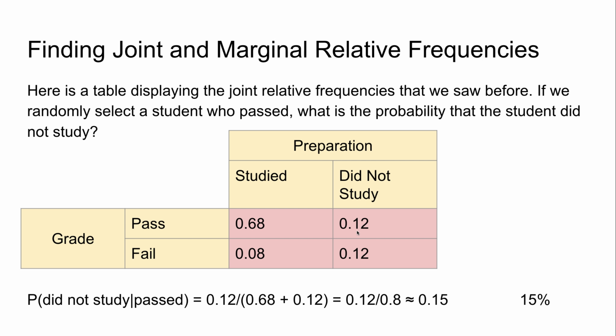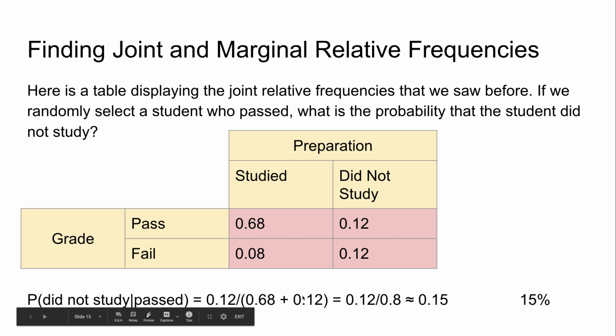So all of these two put together is the total frequency that passed, and then those that did not study and passed go on the top. So this comes out to about 0.15, and that's 15%. So if we randomly pick a student who passed, there's a 15% chance that they did not study.